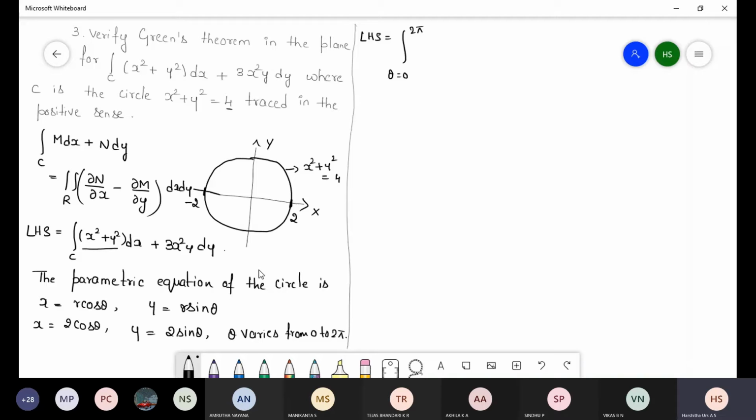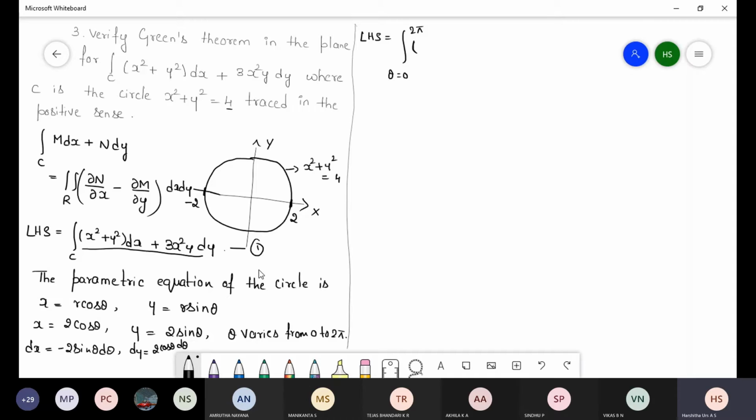In this equation we have to substitute the x value, y value, dx value and dy value. Here we can find them by differentiation with respect to theta. dx is equal to minus 2 sin theta d theta, and dy is equal to 2 cos theta d theta. I will call this equation 1, and substitute the x, y, dx, dy values in equation 1.